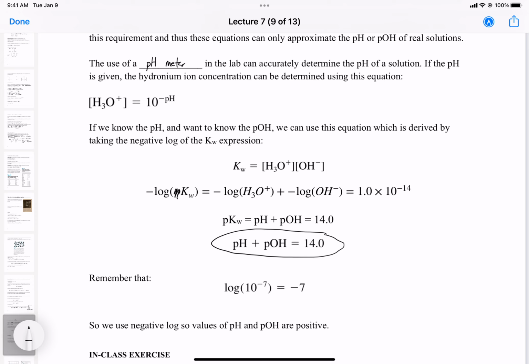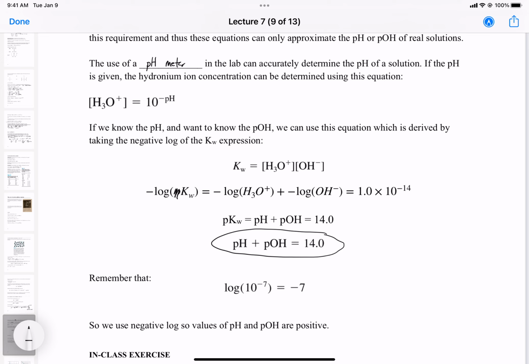Remember, when we do logarithms of a product, we can rearrange it into addition. So negative log of H3O plus times OH minus is the same thing as writing negative log H3O plus, plus negative log of OH minus. We can rearrange it like that, and then the logs will turn our variables into p values. So pKw equals pH plus pOH.